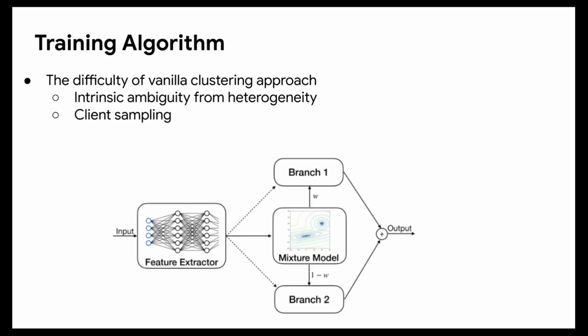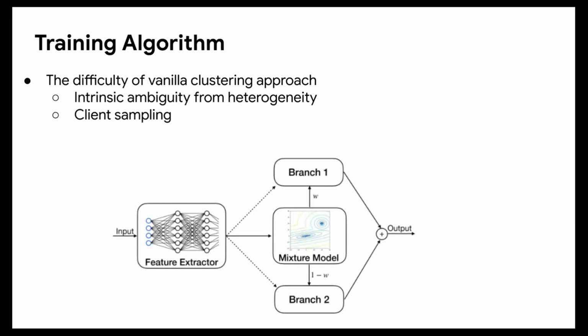How can we train this multi-branch network? If we just do clustering or mixture models in a federated training process, making some modifications to federated averaging, it turns out to be pretty hard, because of intrinsic ambiguity from heterogeneity and the client sampling of each round.